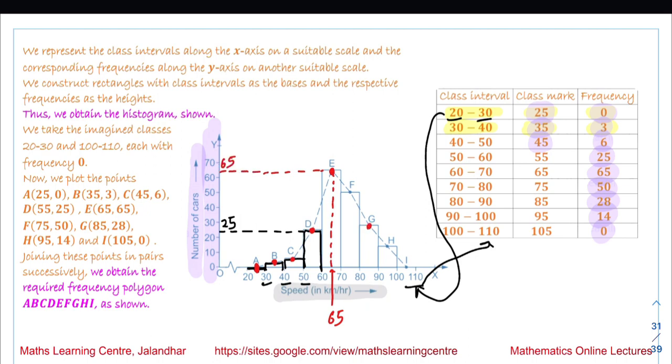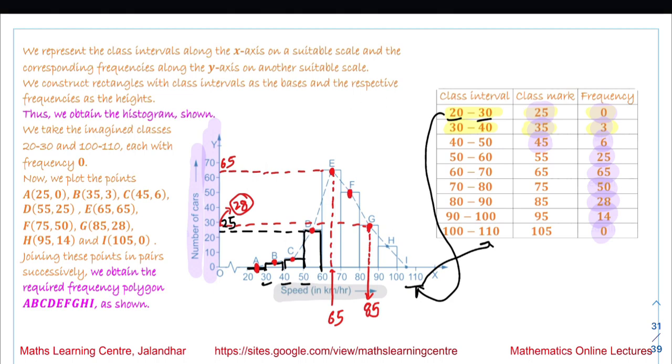If I look at this point G over here, what is this midpoint representing? It is representing 85, and if we join these 2 points, the frequency corresponding to it is 28.